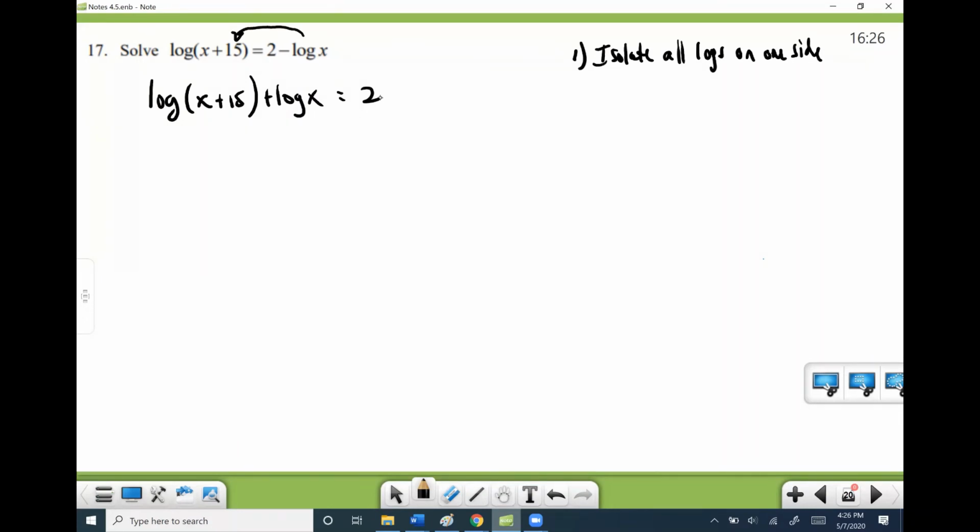Okay. Step 2, condense using the properties, right? Condense. Get it into a single log. So let's see here. We got addition.